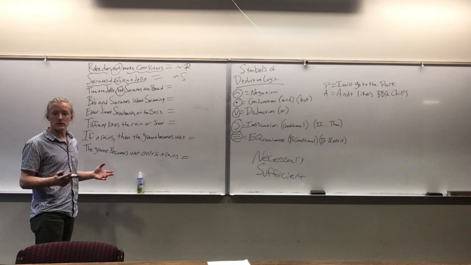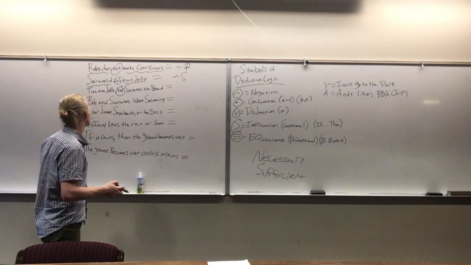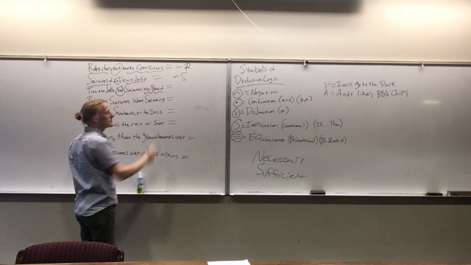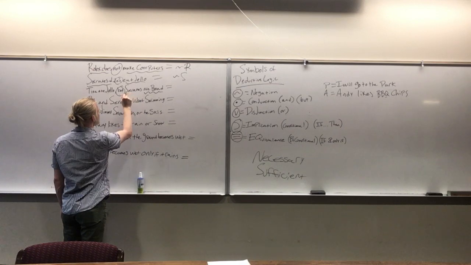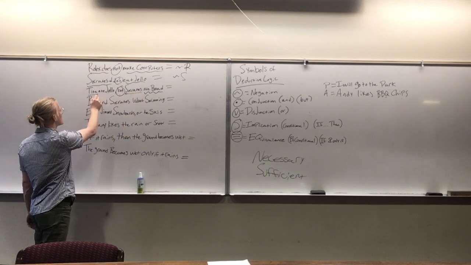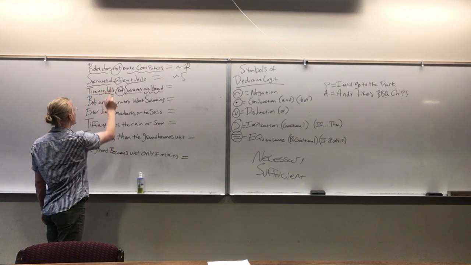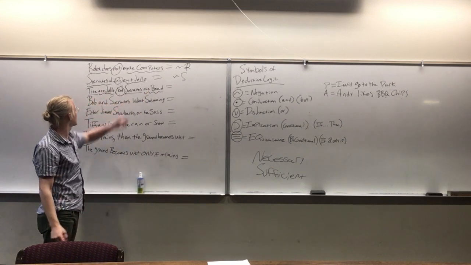Now, this one's also tricky because it contains two atomic sentences. Oh, sorry. We have two predicates and two subjects in this one. So ate Jell-O is one predicate, ate bread is one predicate, and we have Tina and we have Socrates.